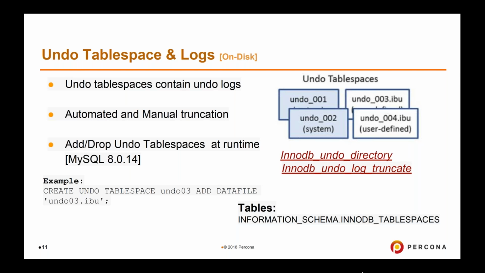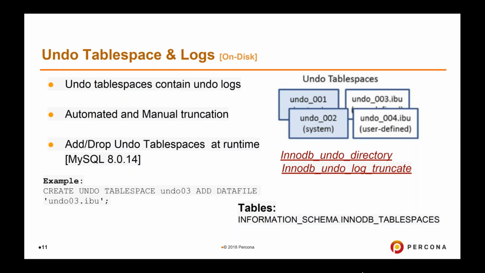Let's assume you're running a very long transaction that is not committed, and because of that my system table space is growing. The size is increasing, and there is nothing I can do, because there is no option to truncate it or remove that space from the system table space. That was a problem. To solve it, we have the undo table space separately.